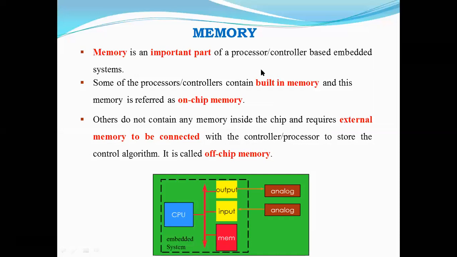Okay, next concept. The main components in the embedded system: first we talked about the core, that is the processor. Next is memory. Memory also plays a very important role in the embedded system, right? Just see the diagram below. In most embedded systems, the RAM and CPU, and even the memory, are built onto a single chip, right?